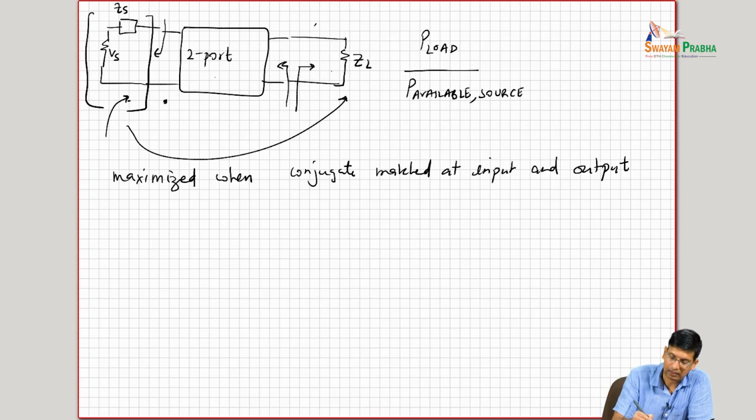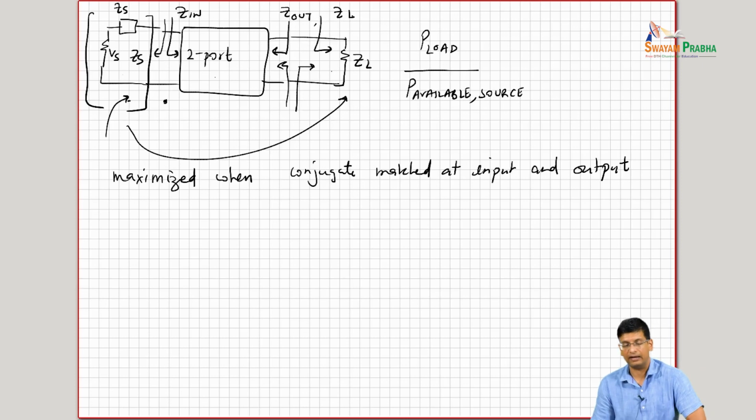Let's define a few things before. So this is Zs, and looking in here is Zin. This over here looking in is Zout, and this looking in here is ZL.